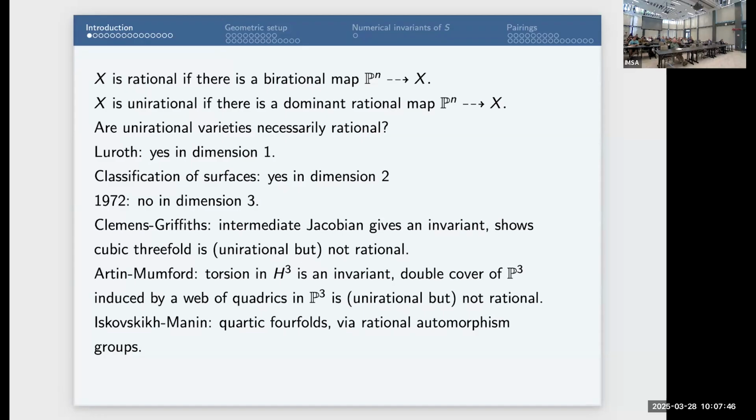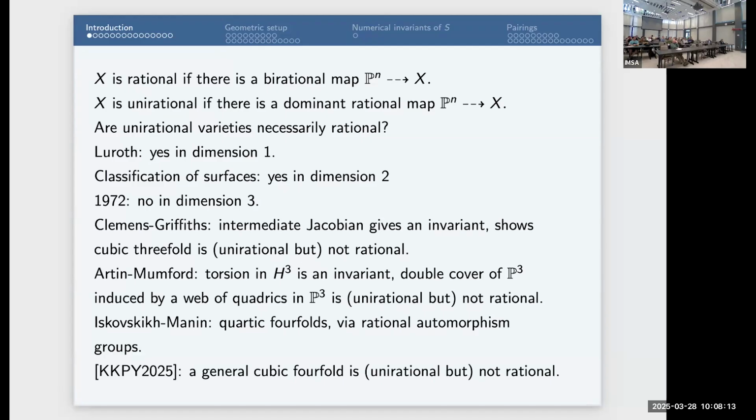And we show that the variety, the double cover of P3 that you get this way, is again unirational but not rational. And shortly thereafter, Beauville showed yet a different technique, namely rational orthogonal groups, to show that some quadric fibrations over threefolds are also rational.